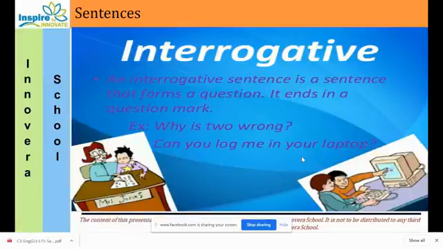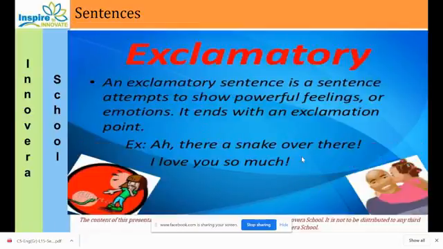In the interrogative sentence, one more thing we studied: if two verbs are there, a helping verb and a main verb, first we use the helping verb, then the subject, and then it moves to the main verb. Then we discussed the exclamatory sentence. Whenever we need to show our strong or sudden feeling or emotion, we use an exclamatory sentence.